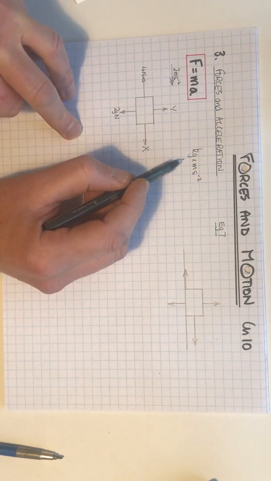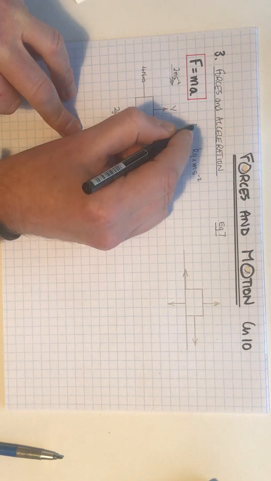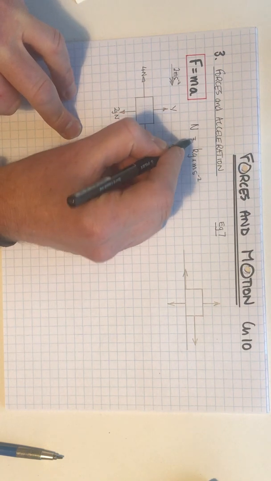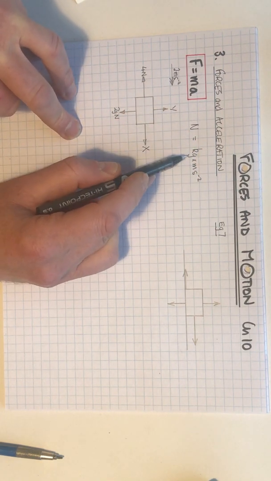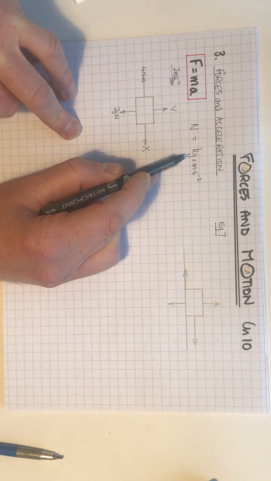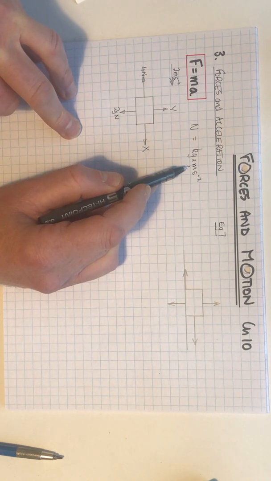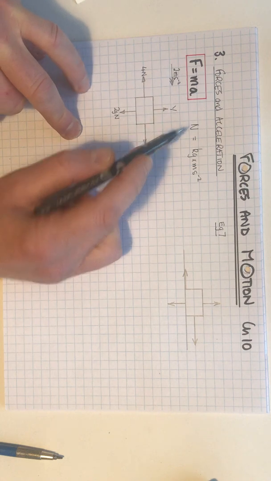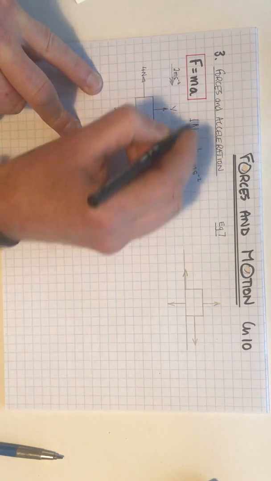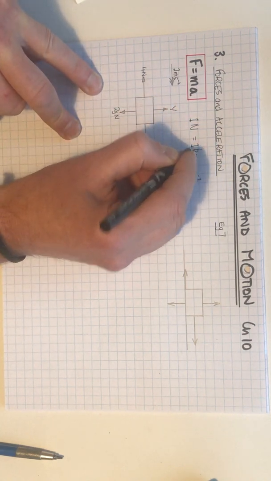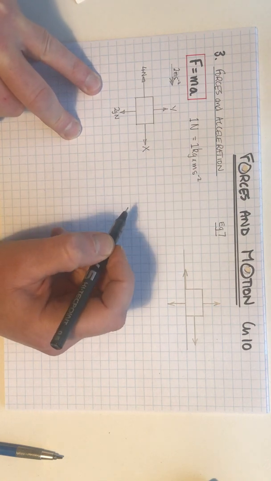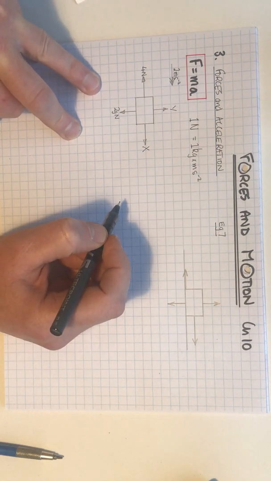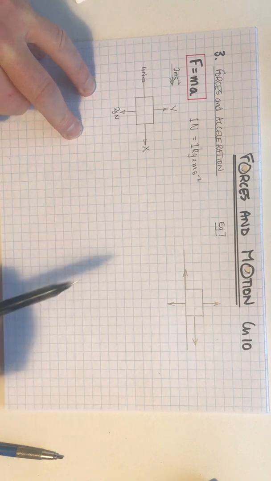We call this a Newton. So 1 Newton is the force required to make an object of 1 kilogram accelerate at 1 meter per second squared. So 1 Newton is 1 kilogram meter per second squared. So all our forces will be in newtons.